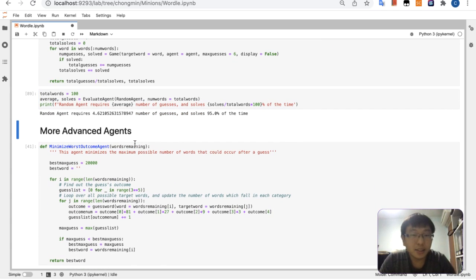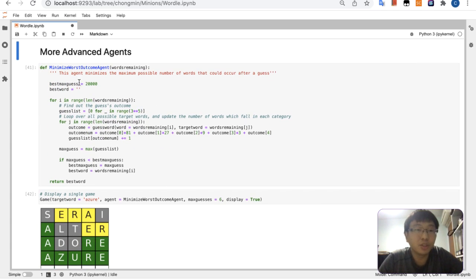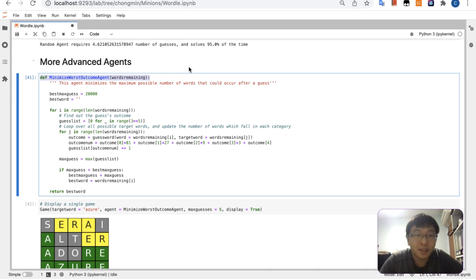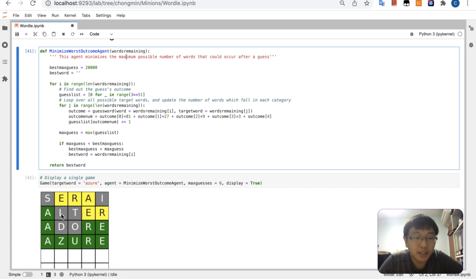So the next agent that I was trying to do is this minimize worst outcome agent. So this basically means that, let's say you guess a few words, and then you have a few states, like green green blank blank yellow yellow.